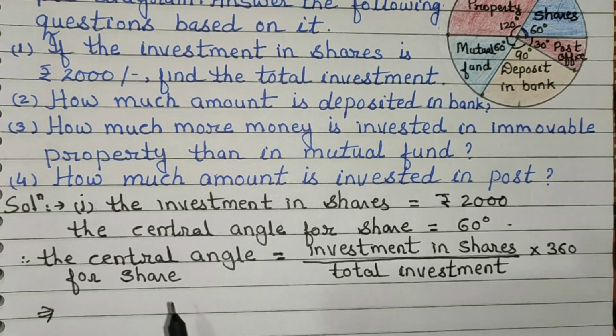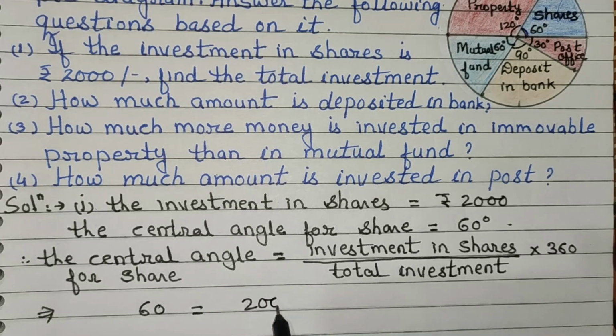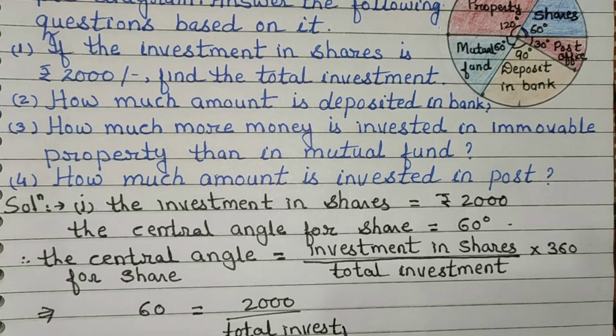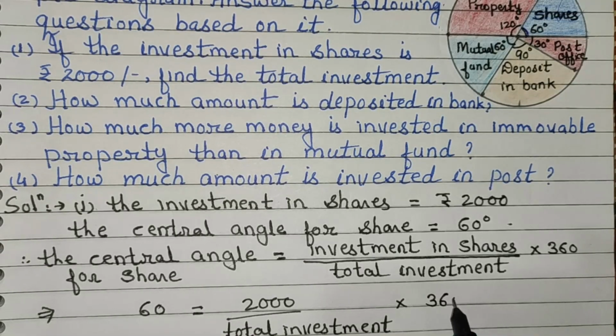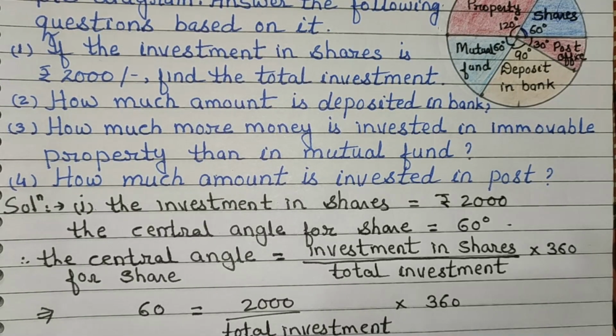Now substituting all the values, we get 60 is equal to investment in share 2000 upon total investment, our aim is to find, multiplied by 360.